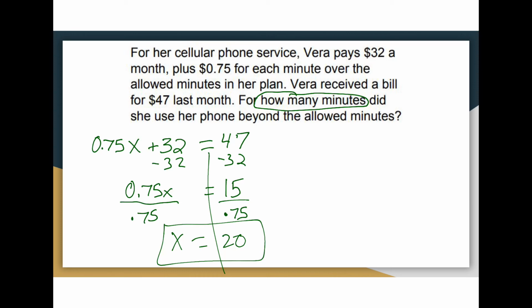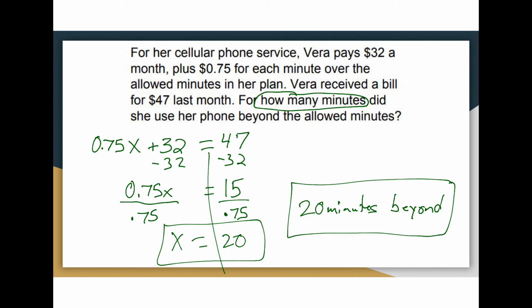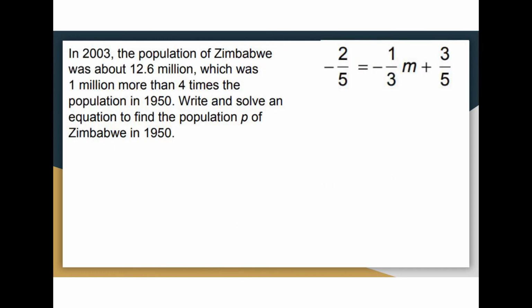And since this is a word problem, I should label my answer. The question is, for how many minutes did she use her phone beyond the allowed minutes? So it would be 20 minutes beyond.